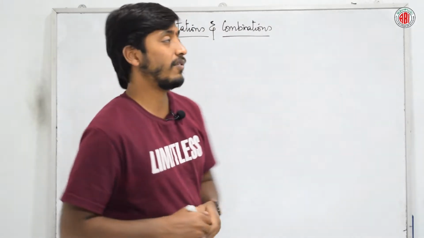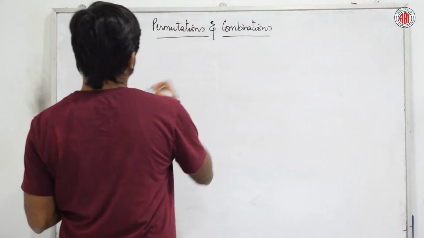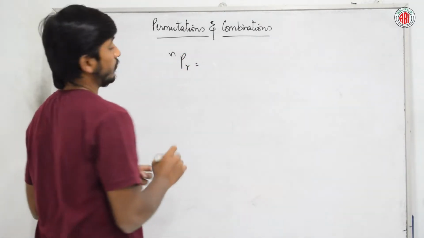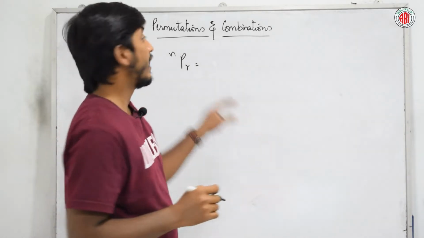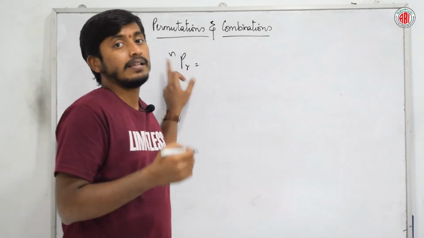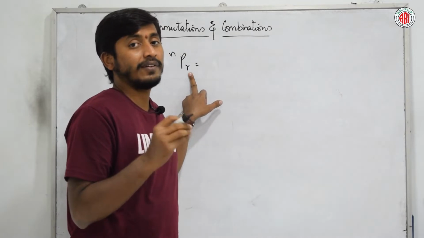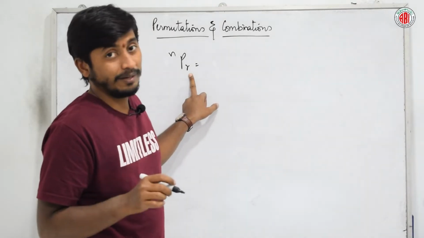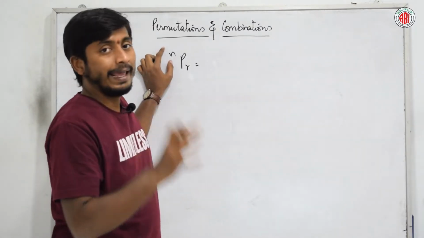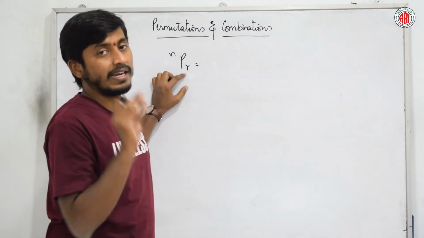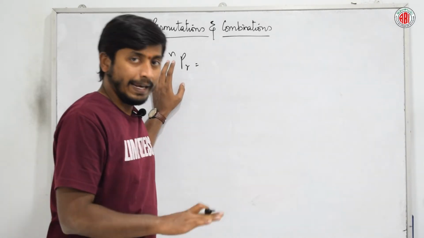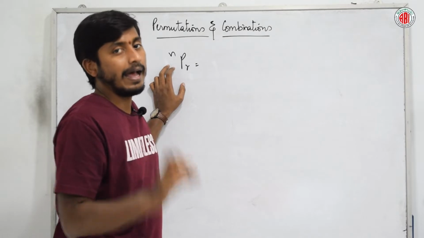But most of the permutations we are going to discuss have a single formula, that is nPr, which means n number of elements we have to select for r times. Clear? Or else simply let me tell, there are n elements from which we have to select r elements. Out of n elements we have to select r elements.